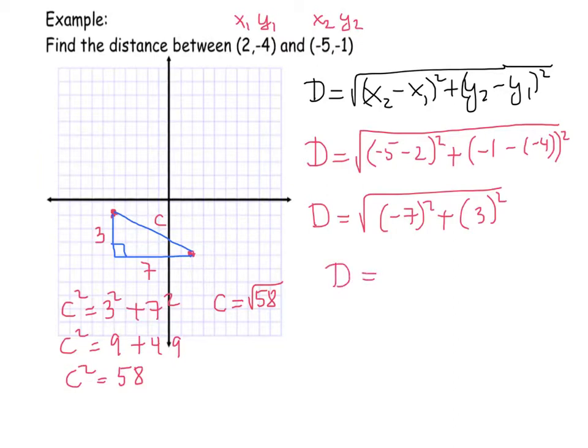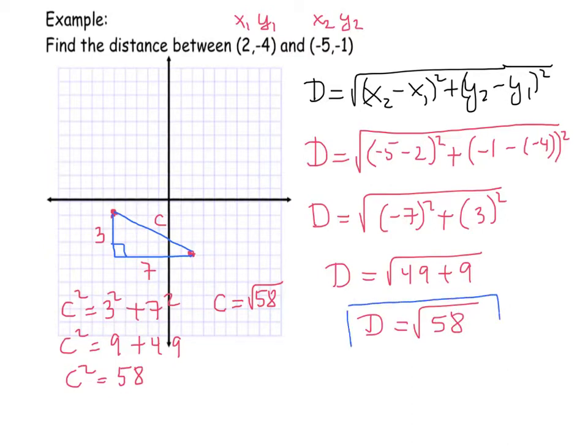So the distance will equal the square root of 49 plus 9. The distance then finally is going to be the square root of 58. So as you can see, it didn't matter which method I used to find the distance. I ended up having the same distance both ways.